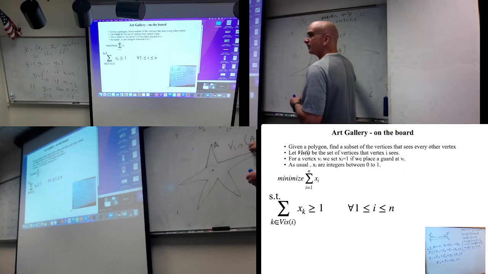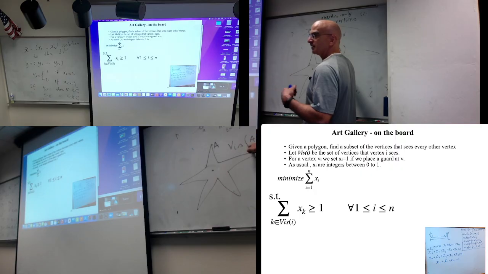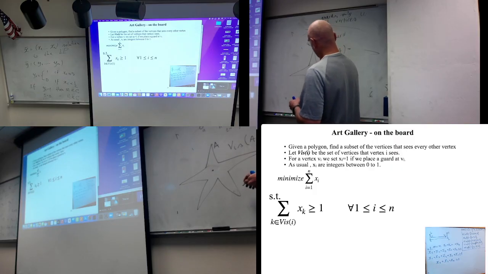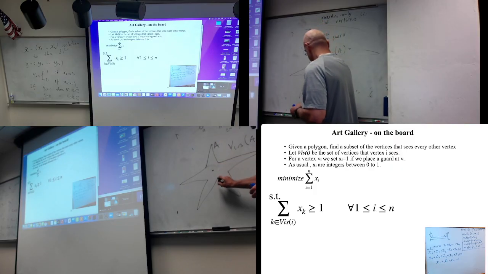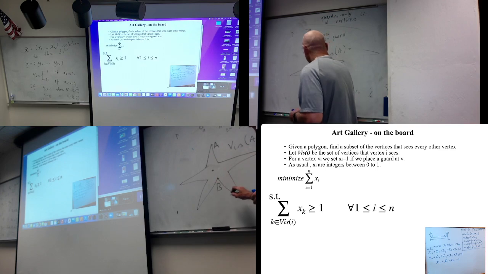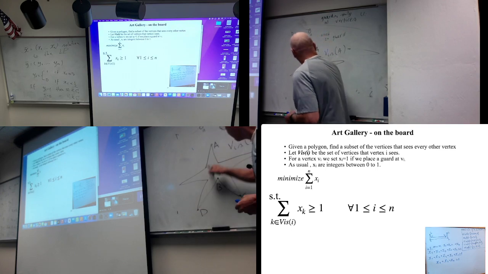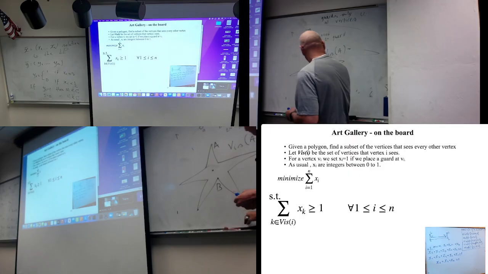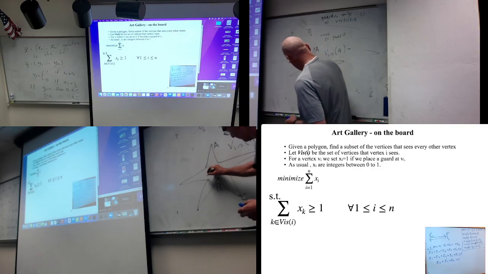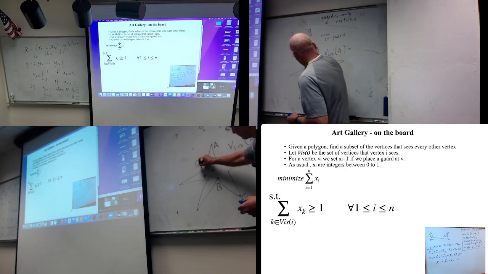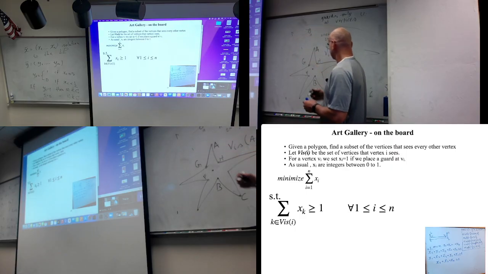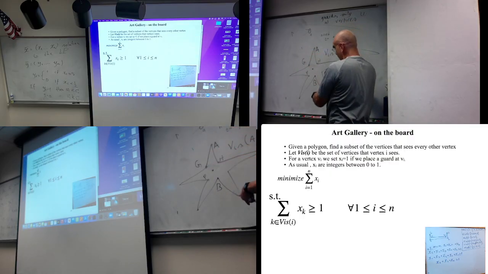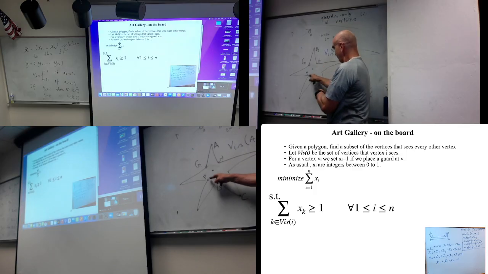So I'll write the visibility of A as all the other vertices that see A. If I use the star-shaped polygon, then A sees B and C and D. If I draw a line from A to D, maybe no. I'll include D in it. I'll definitely include F. I'll definitely include G and H. But I don't see this point, because the line of sight is outside the polygon. A sees H, B, F, and G.